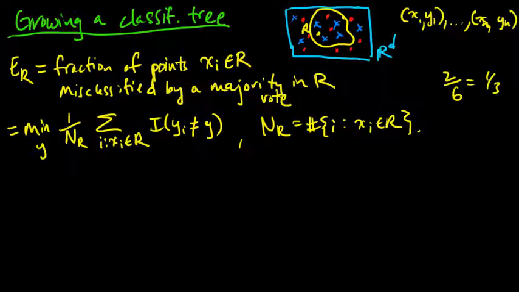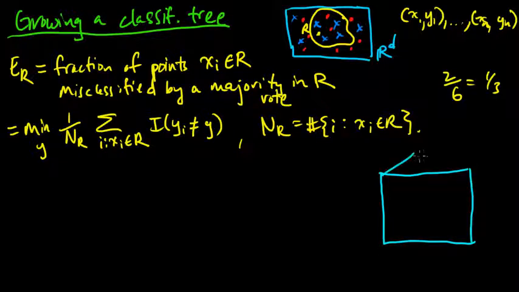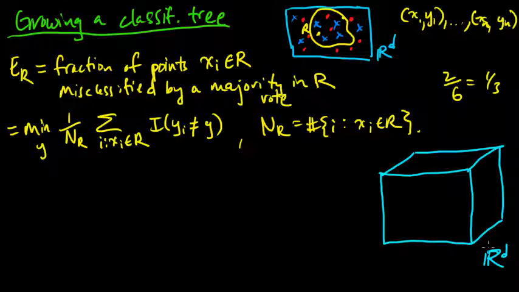And now we've got this nice little notation. We can very easily define our procedure for growing a classification tree. I'm drawing in higher dimensions to give us one more dimension to visualize. This is our R^D.